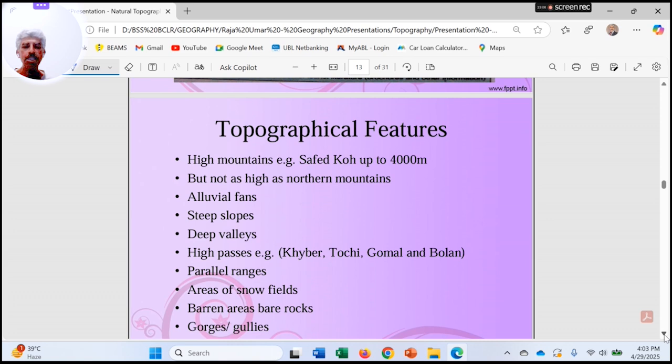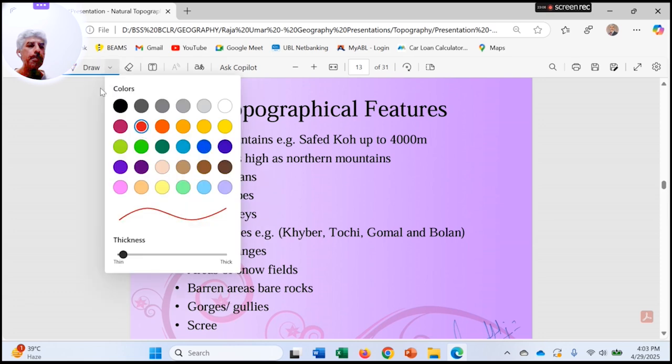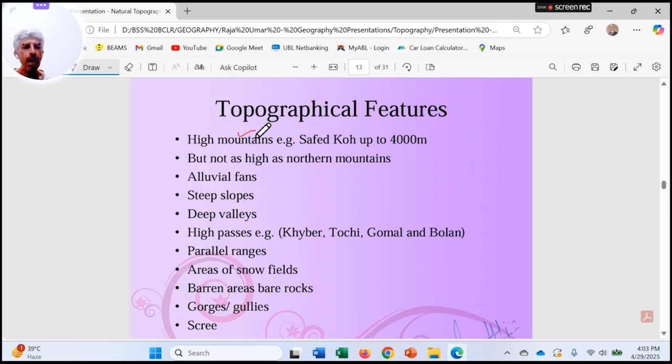Moving on, the topographical features of this area, some of which I have explained already. High mountains in this region, yes, but the average height is quite low. Safed Ko is up to 4,000, that is the average height of Safed Ko.